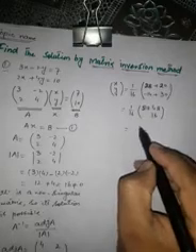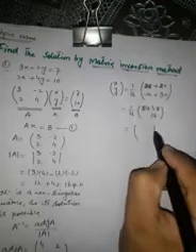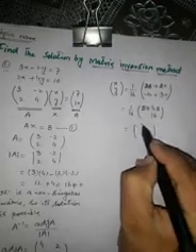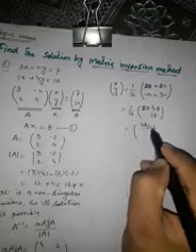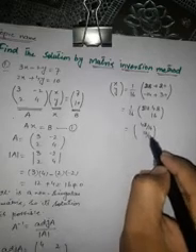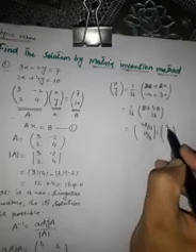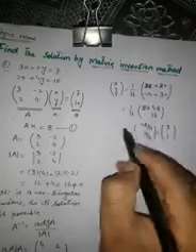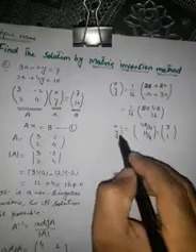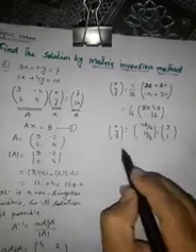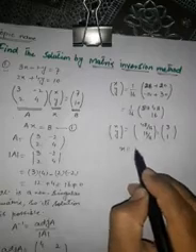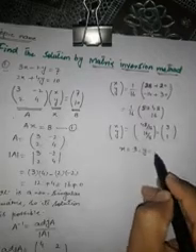When you divide both the elements by 16, you get 48 divided by 16, 16 divided by 16, and your answer is 16 threes are 48, 16 ones are 16. So in this way you get x is equal to 3 and y is equal to 1.